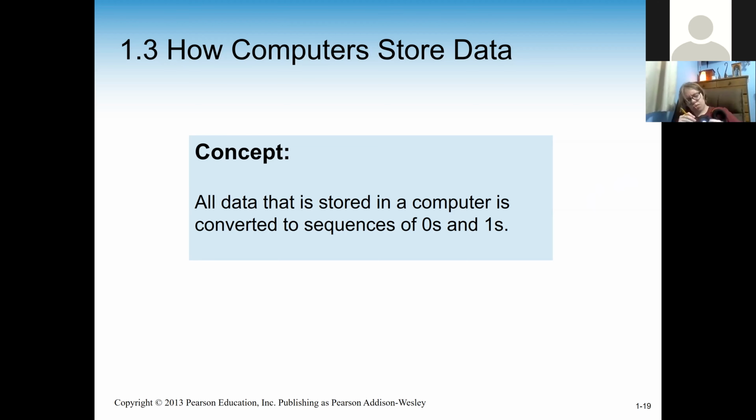Why is all data stored in a computer converted to sequences of zeros and ones? Because they can only answer yes and no's. Yes and no, sure. And why is that? Gates can only be on or off. Very good.